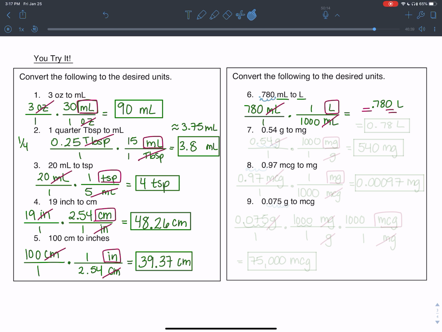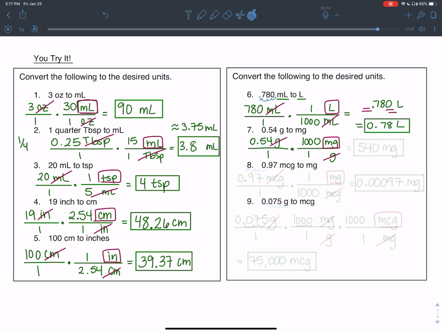All right, going again. Number 7. 0.54 grams over 1, times, I want the grams to cancel, so I'm going to have grams on the bottom, milligrams on the top. There are 1,000 milligrams to 1 gram. Cancel, box. Sorry I didn't do the color, I'm getting lazy here, but hopefully you understand.